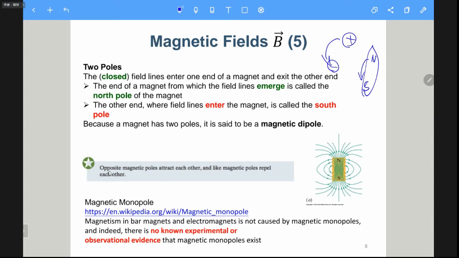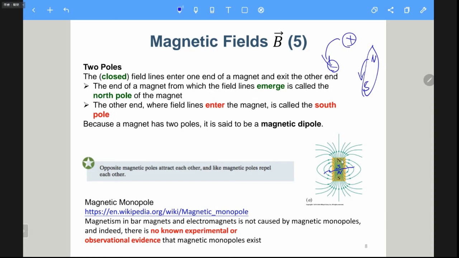So here it says opposite magnetic poles attract each other and like magnetic poles repel each other, similar to charges: opposite charges attract and same charges repel. But the point here is that if you try to break a magnetic bar, even a primary student knows it will form an N and S, something like that.